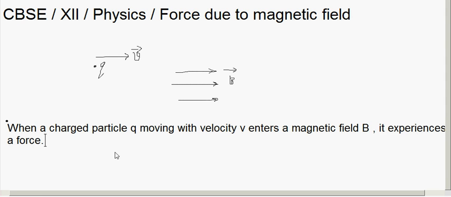Now here, velocity and the magnetic field both have direction; both v and B are vector quantities.